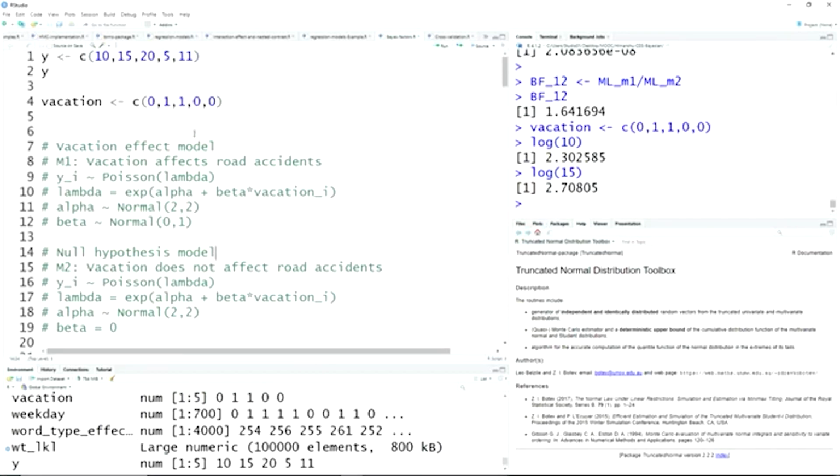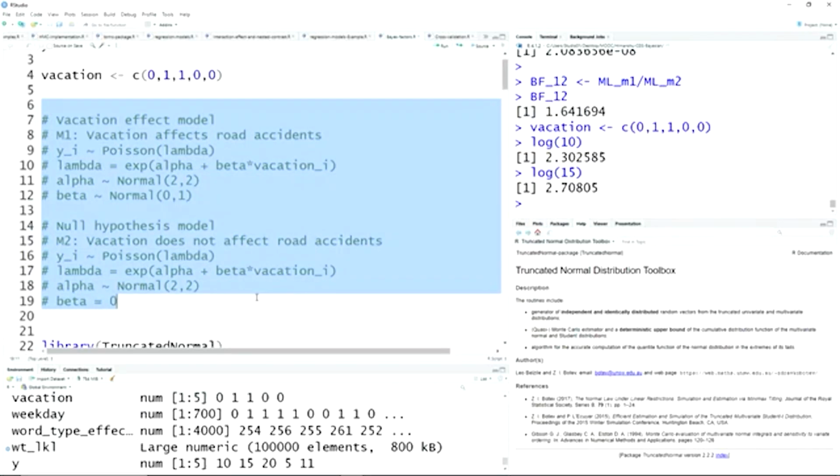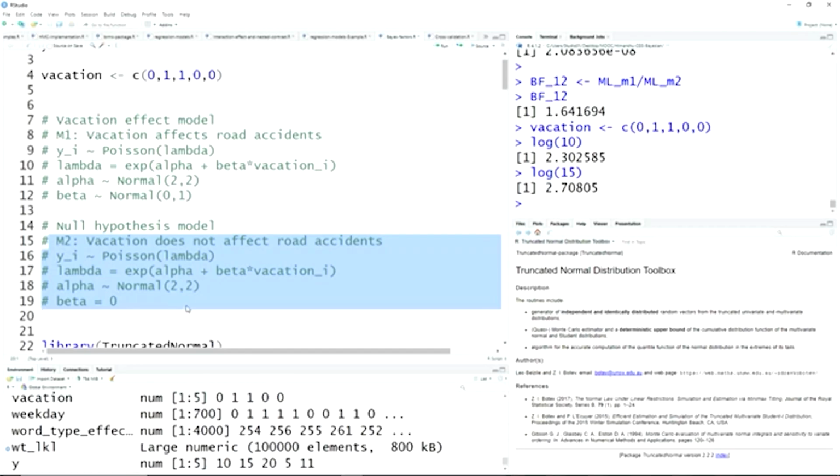Now, we will implement these two models to calculate their marginal likelihood using Monte Carlo integration in R in the next lecture, and we will see how much evidence there is for model 1 compared to model 2.